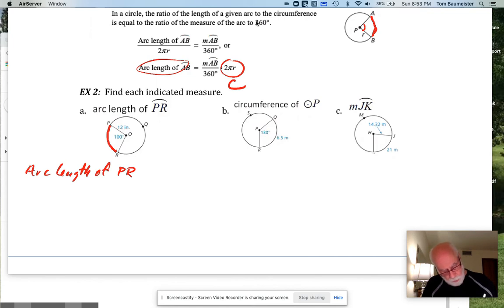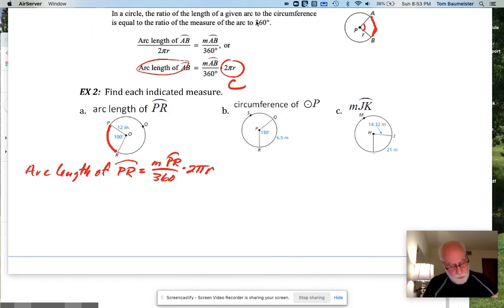And they put an arc over it, is equal to the measure of the degrees of PR divided by 360 degrees times 2 pi r.